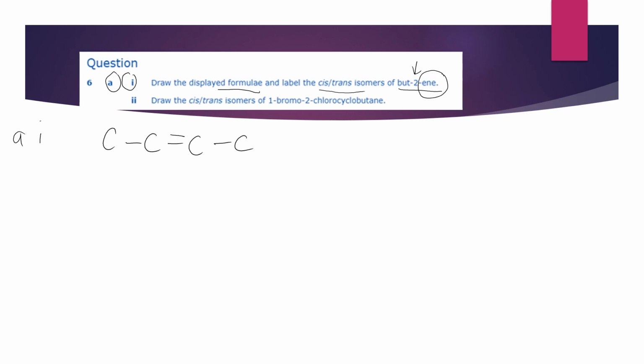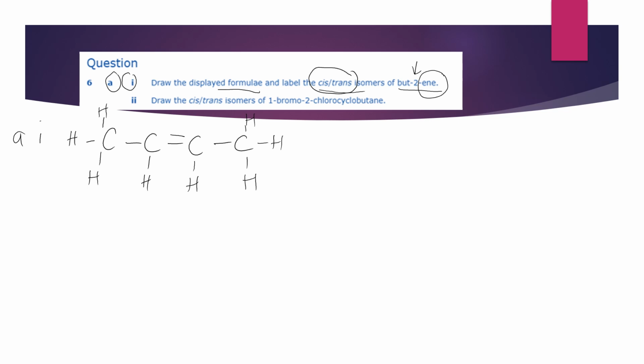The question is displayed formula. So you draw all the hydrogen on each carbon atom. Here still has one. Here still has one. Here there are 3 hydrogen. So here for cis-trans, there are 2 conditions.